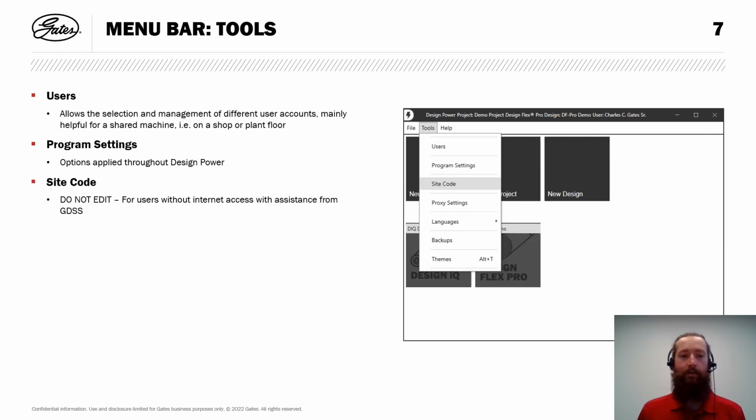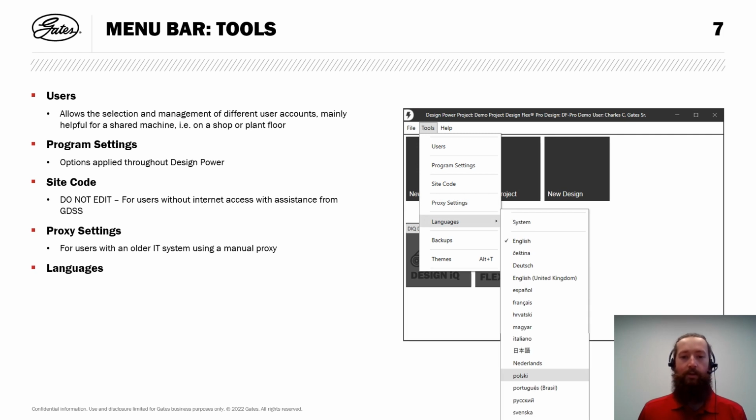Site Code, do not edit this. This is for users without internet access and should only be edited with assistance from GDSS. Proxy Settings is for users with an older IT system using a manual proxy. Next we have Languages, where the user can select from myriad available Design Power languages.